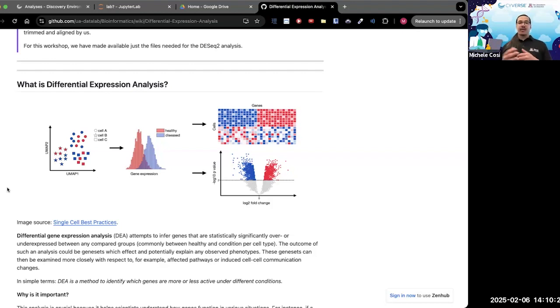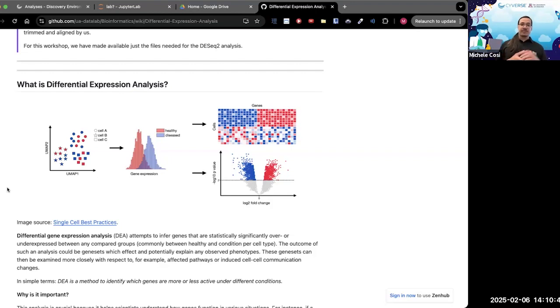So my understanding of differential gene expression analysis is exactly that. We are trying to understand when we are put under a specific stressor, if a specific set of genes is being expressed or down-regulated.